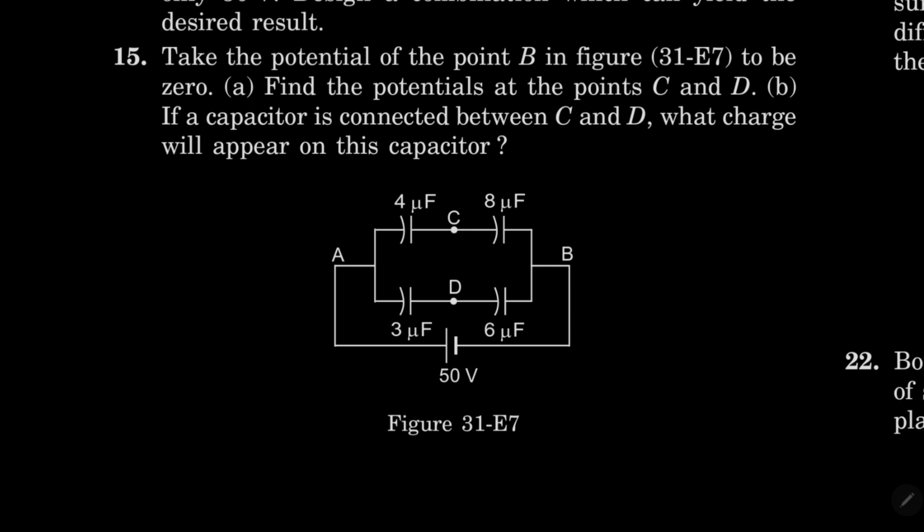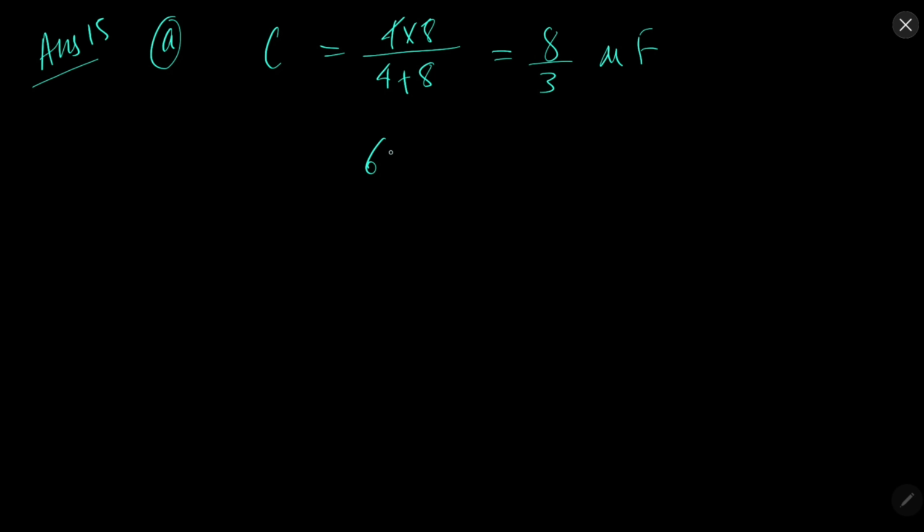In question 15, we have been given this figure. Find the potentials at C and D, and if a capacitor is connected between C and D, what charge will appear? Solution 15. A part. So capacitors 4 and 8, 4 into 8 over 4 plus 8, 8 by 3 microfarad. 6 into 3 over 6 plus 3, 2 microfarad.